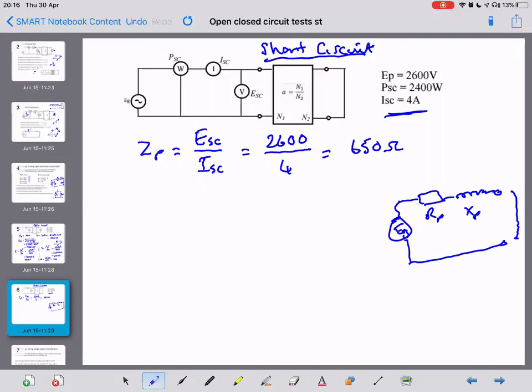We can get RP from the short circuit power divided by the short circuit current squared, rearranging power equals I squared R. The power is 2,400 watts and the current is 4 amps, which we square, and the result is 150 ohms.